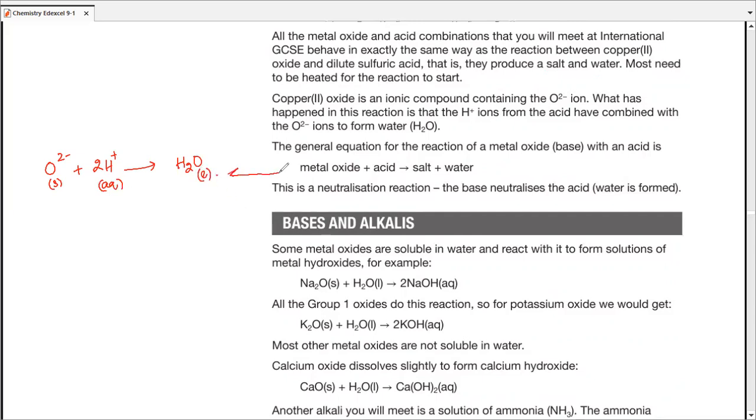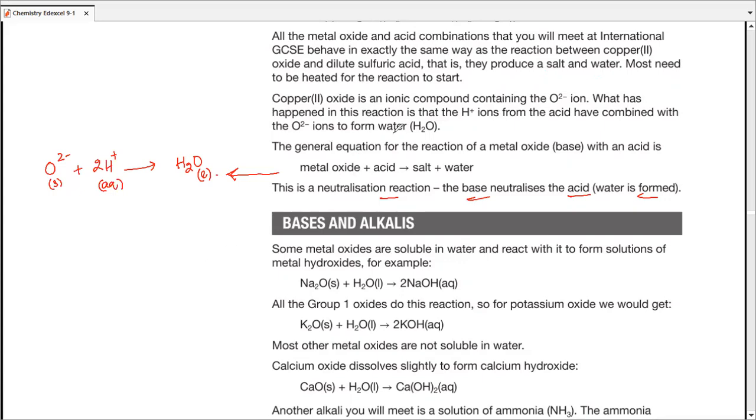Again, this is the ionic equation for this one, which is not mentioned over here. Remember, this is a neutralization reaction because the base neutralizes the acid or vice versa, forming water. You might need to write this equation down, but you can find it later in a part of the book or in past papers as well.